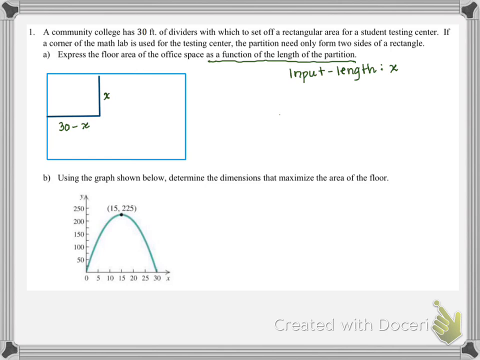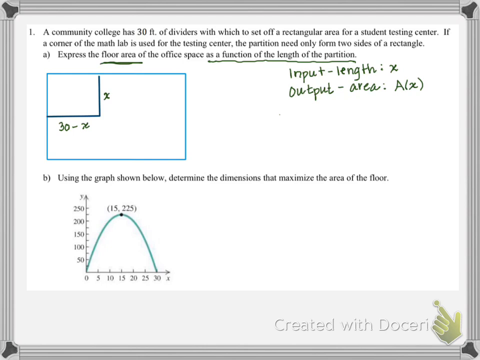What other unknowns do I have? The area, right? Because we are writing a function for area, which means that's going to be the output. So that is my area. We'll call that A of x.